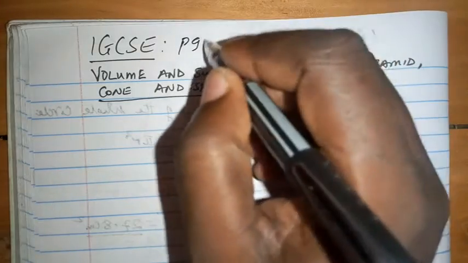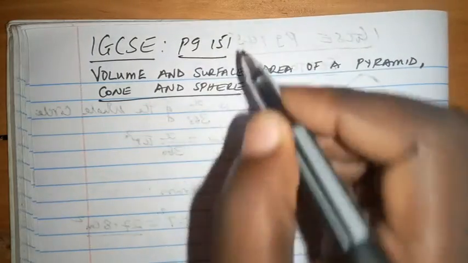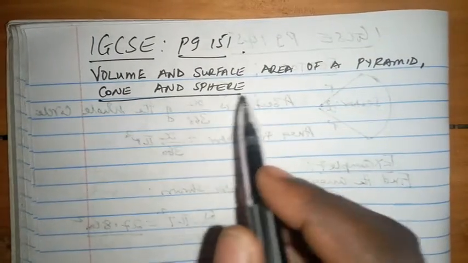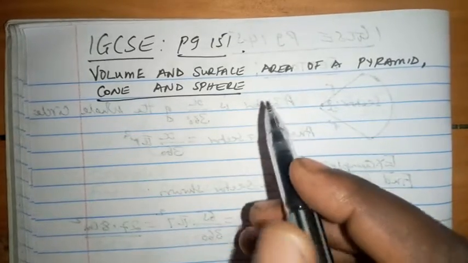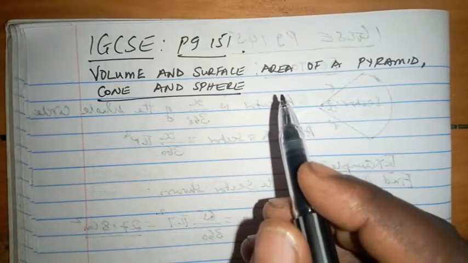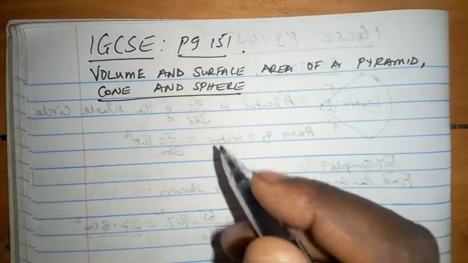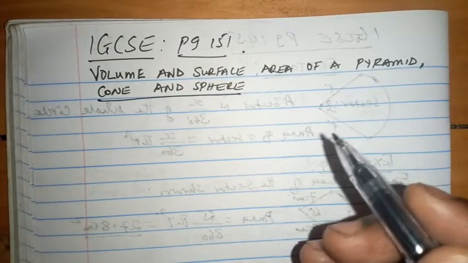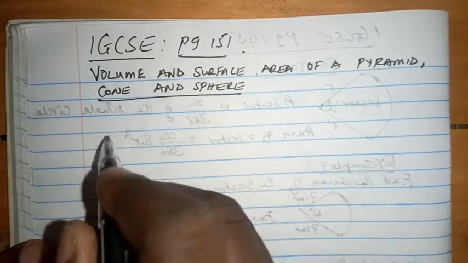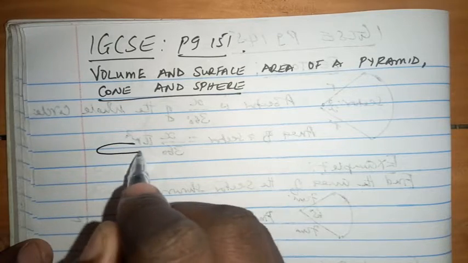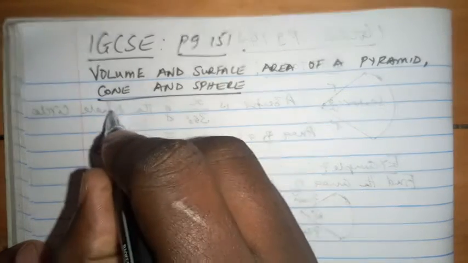We continue with Shape and Space 7, IGCSE page 151, where we understand volume and surface area of a pyramid, cone, and of course a sphere. I just want to highlight a few formulae. A pyramid could have a circular base.